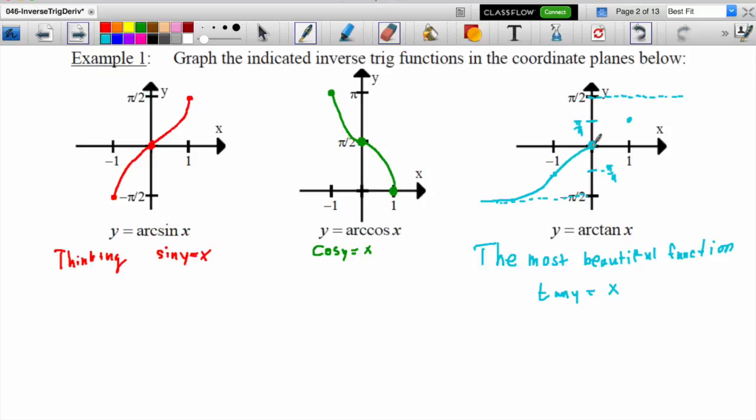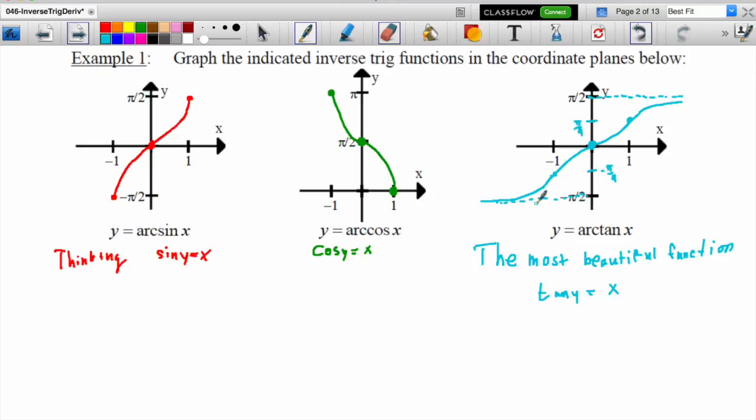It's not a debate. There we go. It just is beautiful. Looks kind of goofy right there, huh? There we go. It just is a beautiful function.